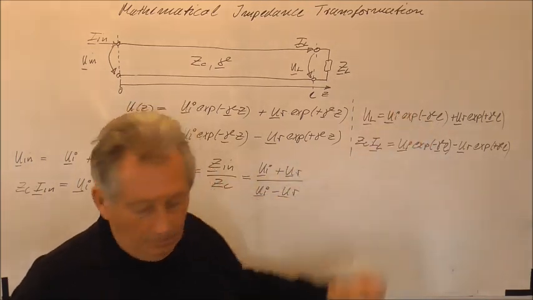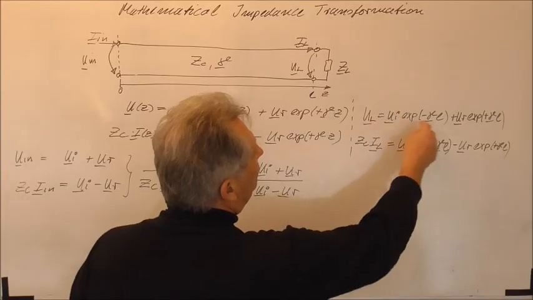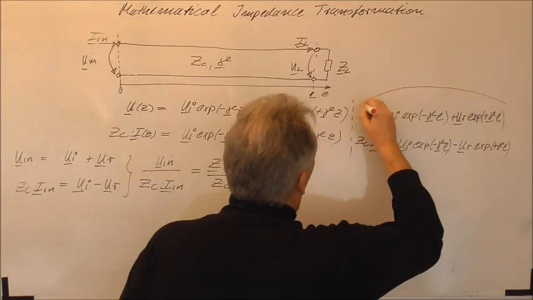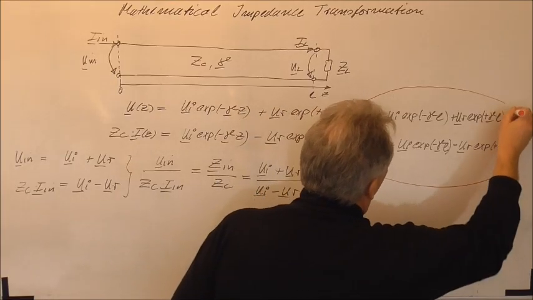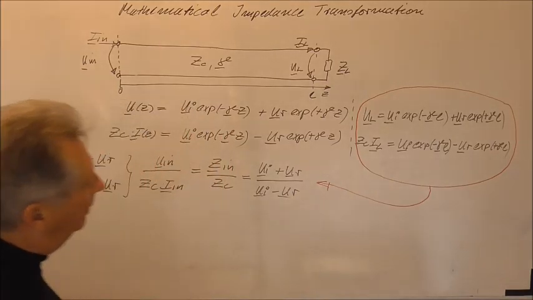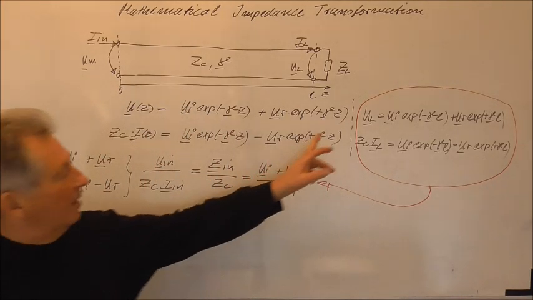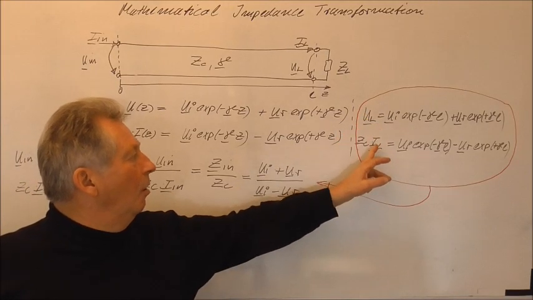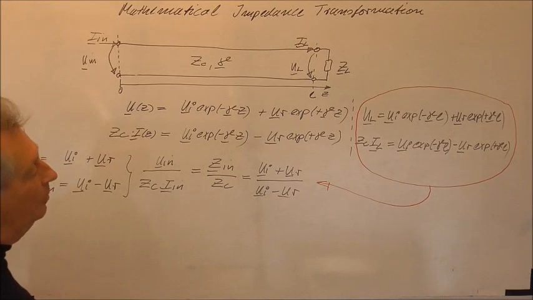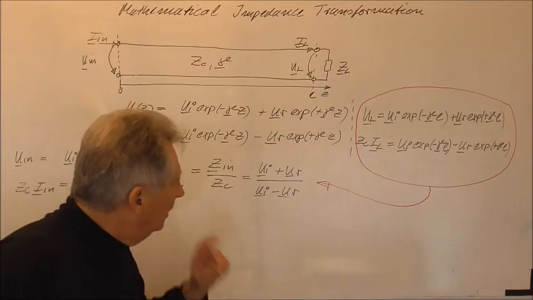So it's easy to solve these equations for the amplitudes ue and ur, and what we can do is insert the result into this equation, and then we will get an equation for the input impedance as a function of the load impedance, sorry, UL over IL.